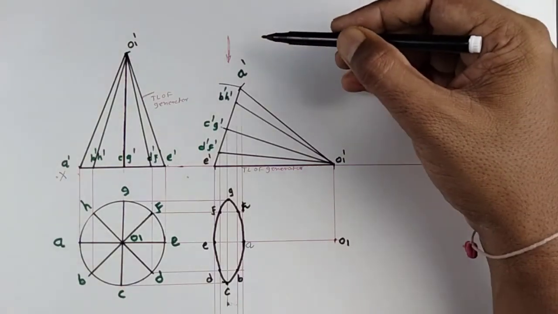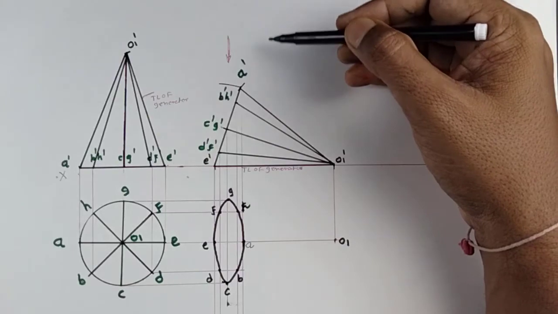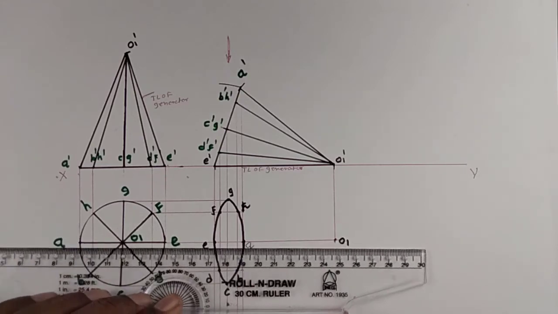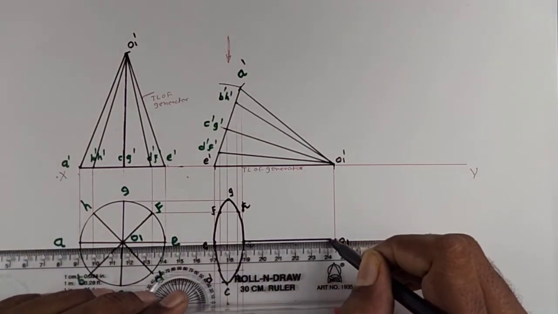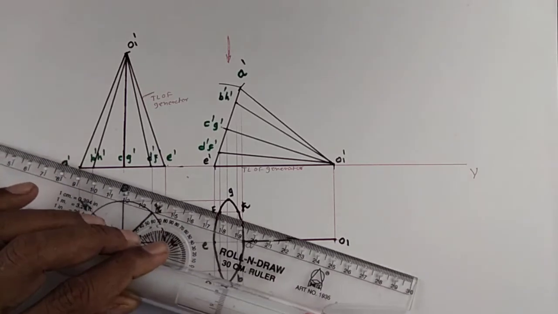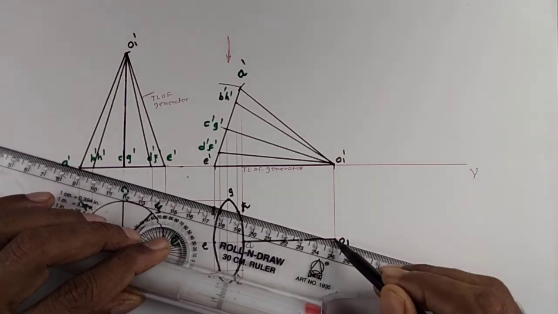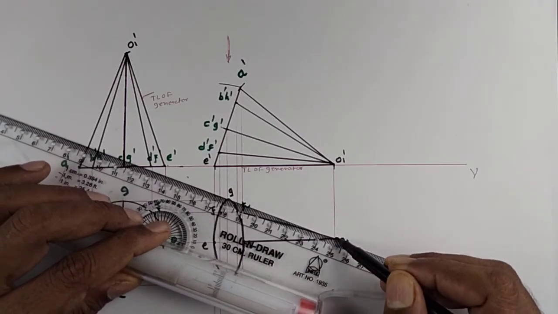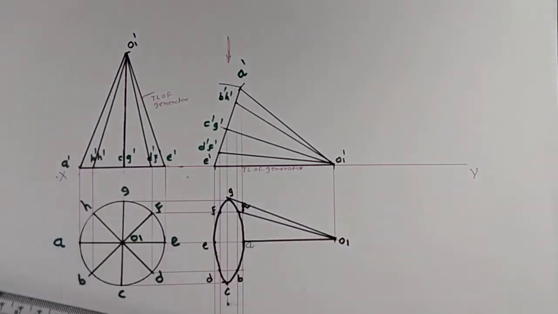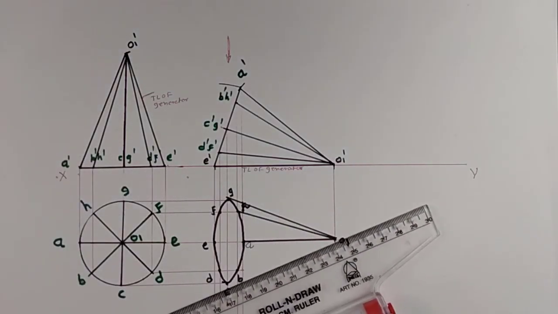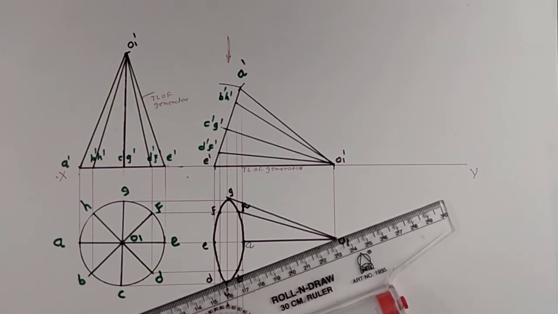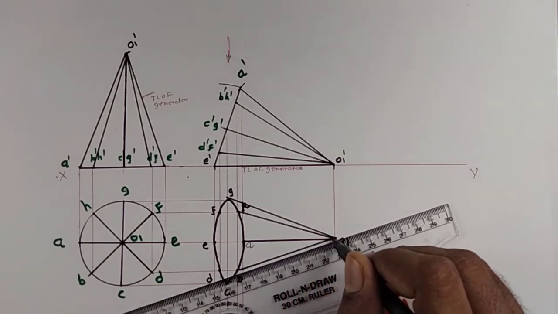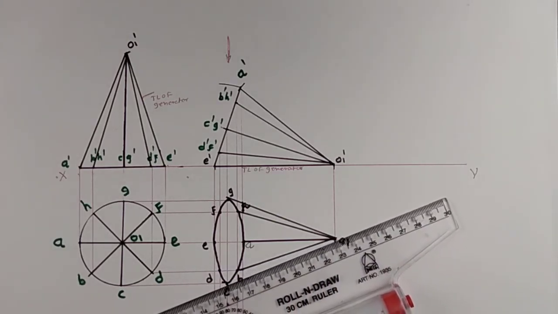Now from the top view orientation, the AO1 generators are visible, so I can draw the dark line. Then HO1 and GO1. Similarly, BO1 and CO1 are visible.